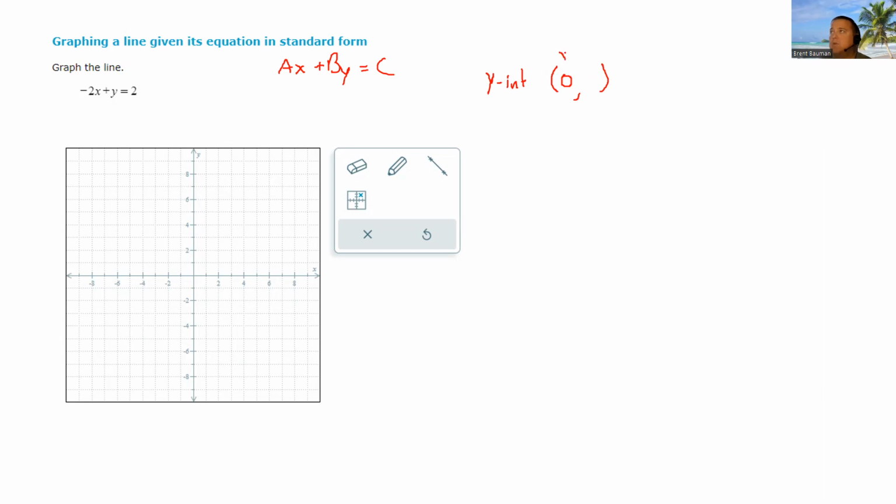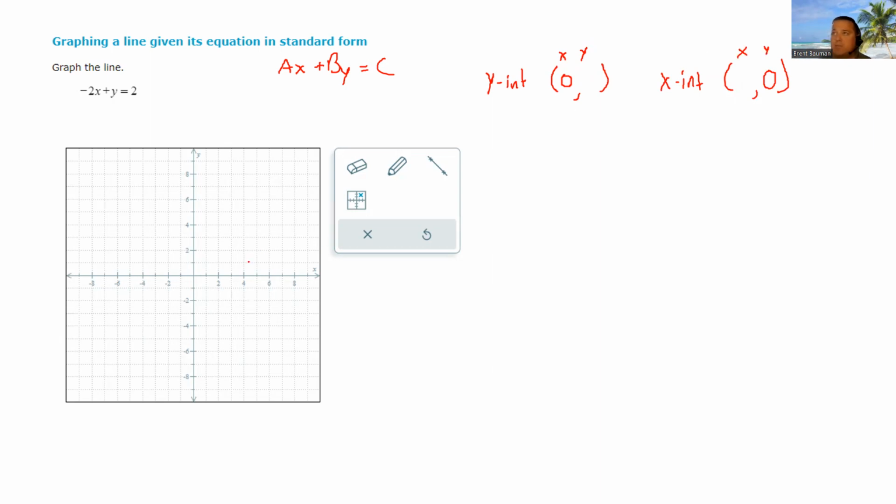So remember, this is our x and y. And the x-intercept is going to be where y is 0.